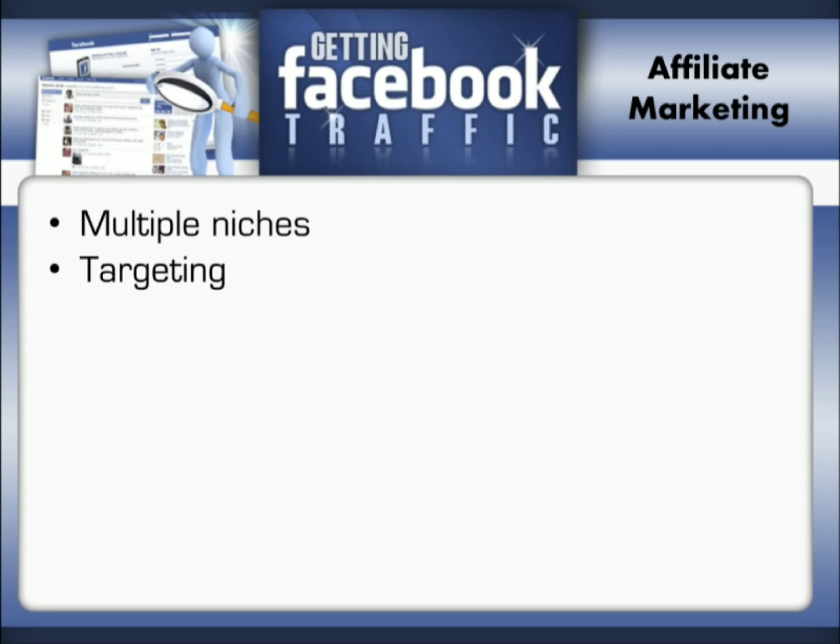Affiliate marketers are notorious for not fully understanding everything about the niches for the products that they're promoting, because it's so easy to promote products that you know nothing about. A good idea, though, is to find out a little bit more about the people that are in that niche, because that'll help you with your targeting.